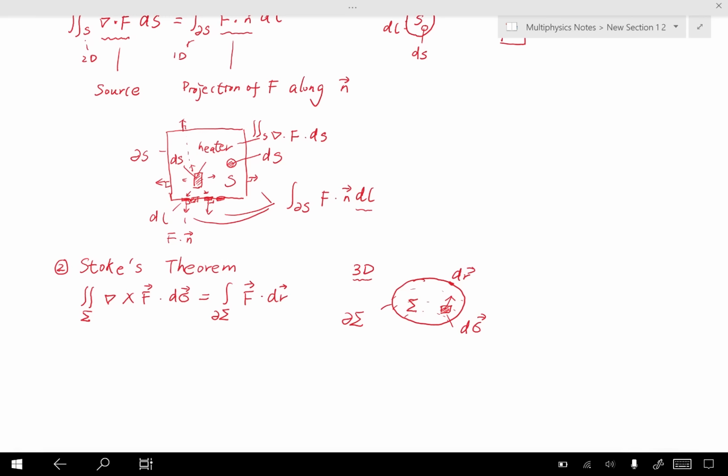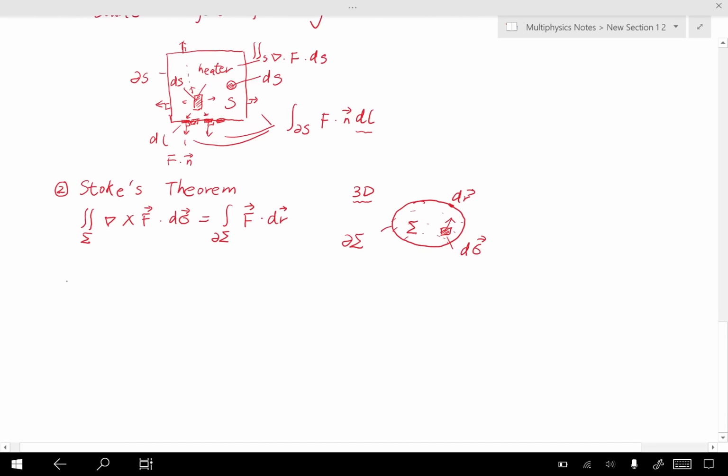And the third one is Gauss's theorem. Is it dV as volume? As dr here, sorry. Gauss's theorem is very similar to Green's theorem.